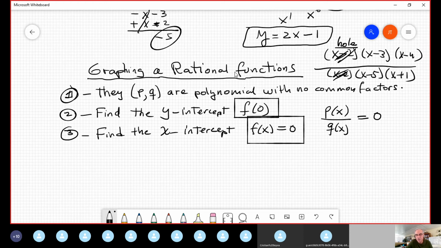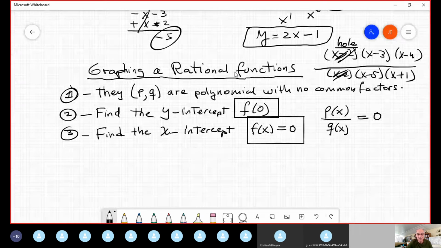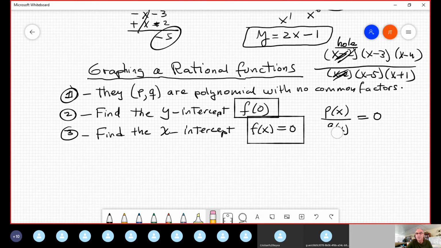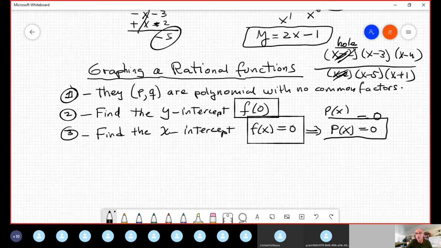F of x is p divided by q. It's important to understand that the bottom part does not participate in this game. You take only the numerator part equal to 0, and that's it. This is equivalent, specifically in the rational function, to p of x equal to 0. Forget about q. Q is not important. Everyone follow me?